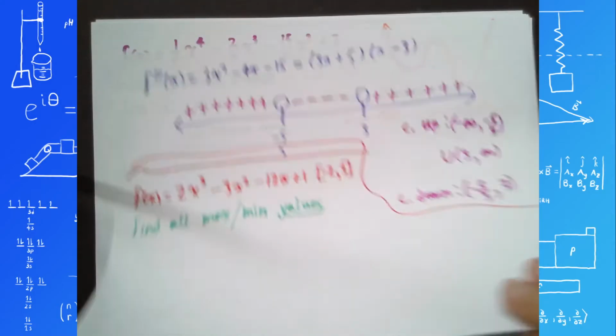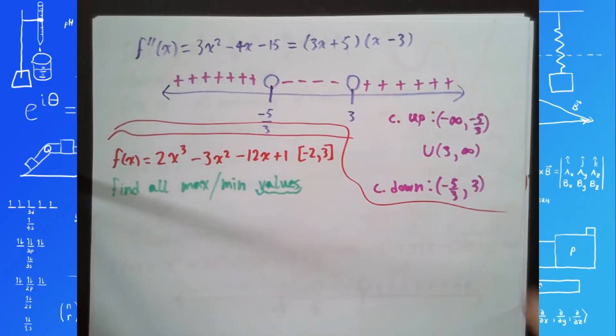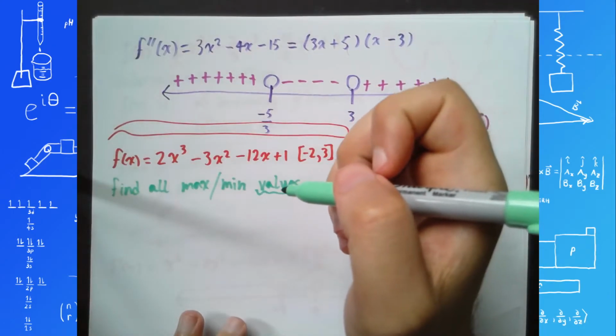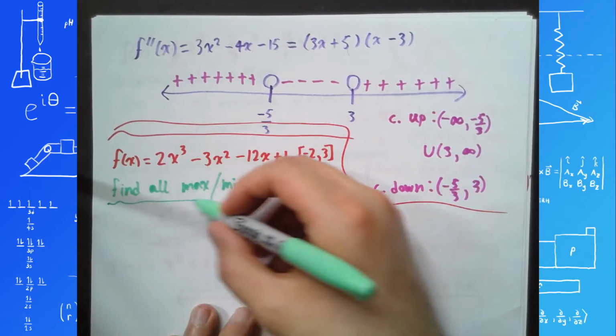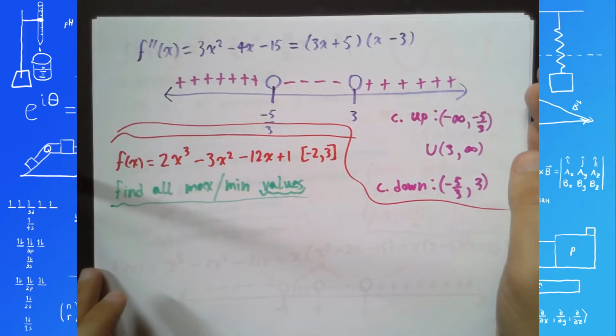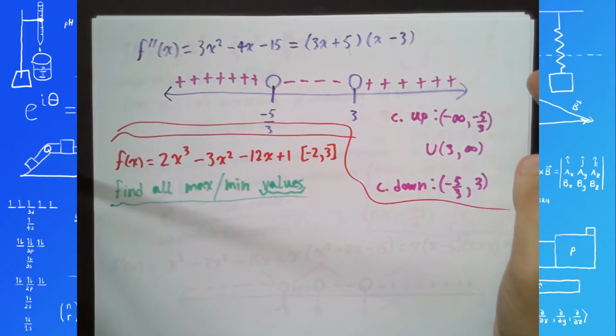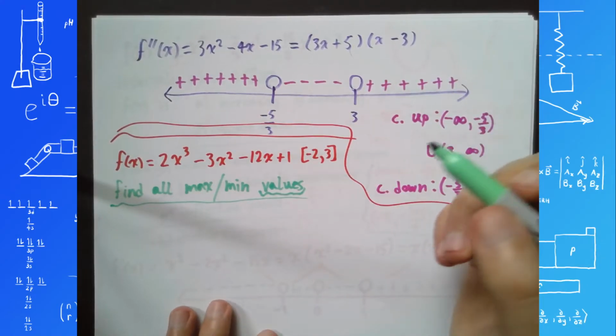If they say find the maximum and minimum values, they mean the y value. If they want you to just find where the maximums and minimums occur, they just want the x values. You've probably heard that 100 times from your teachers, but just in case 100 wasn't sufficient, now you've heard it 101 times.